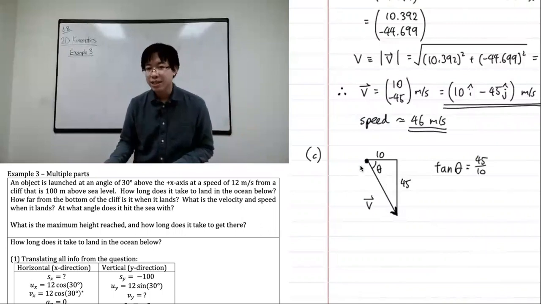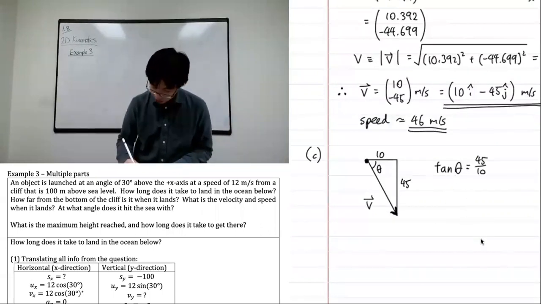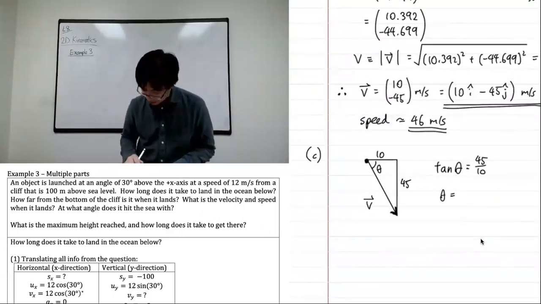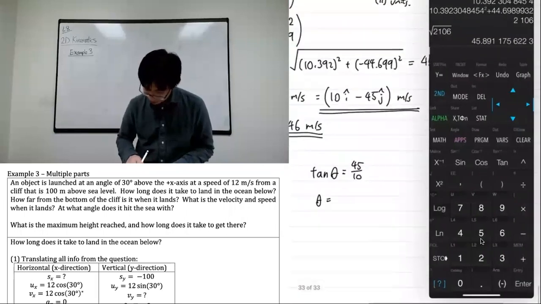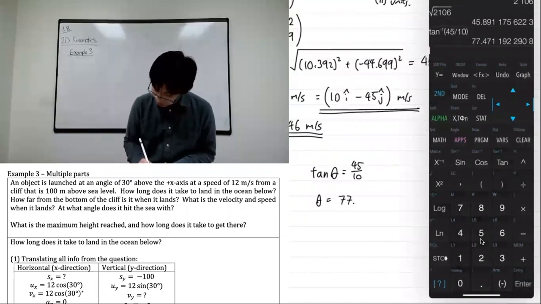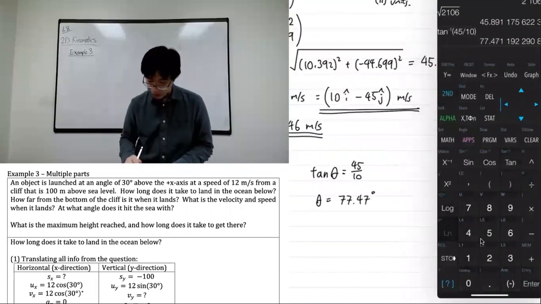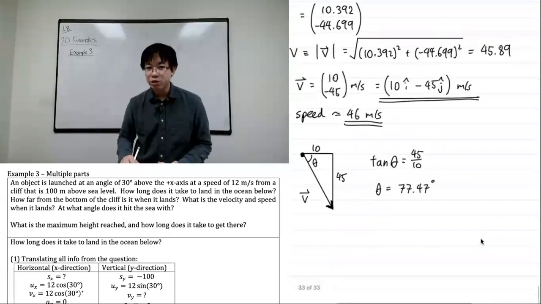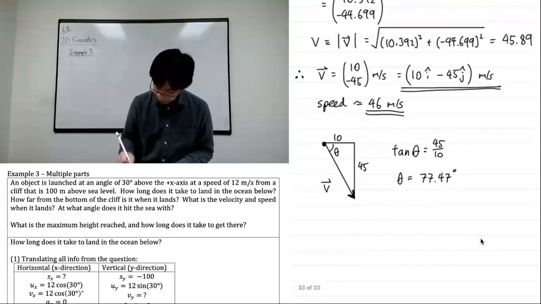These are all lengths, and you can work with that in our calculator. So inverse tangent 45 over 10, and I get 77.47 degrees. Right? Remember the degrees. If you don't write degrees, it's usually default radians. So be careful of that.